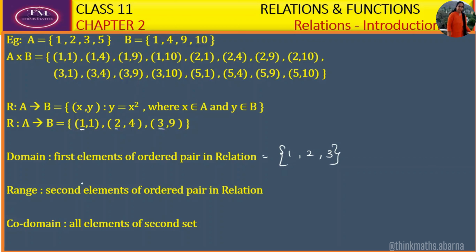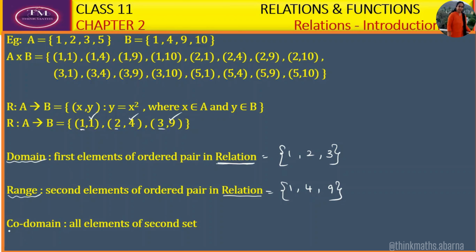What is range? The second elements of the ordered pairs in the relation. So what are the second elements? 1, 4, 9. You have to take the first elements and second elements from the relation for domain and range.